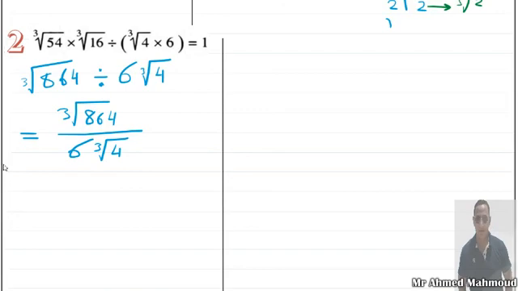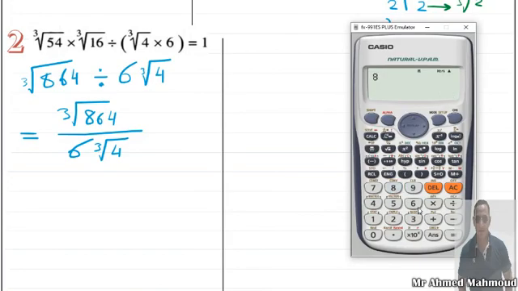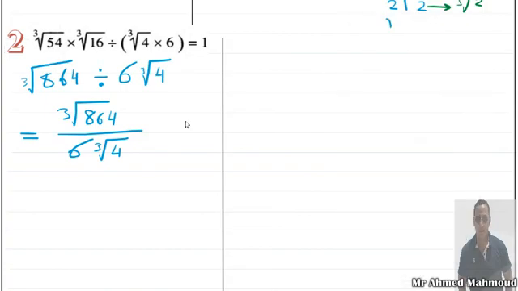It will be like this: 864 divided by 4 equals 216. It's equal to cubic root 216 over 6. Okay, now I need to simplify this one, but 216 is a perfect cube. I don't need to factorize this one. Cubic root 216 equals 6, over 6 equals 1, and this is the right side.